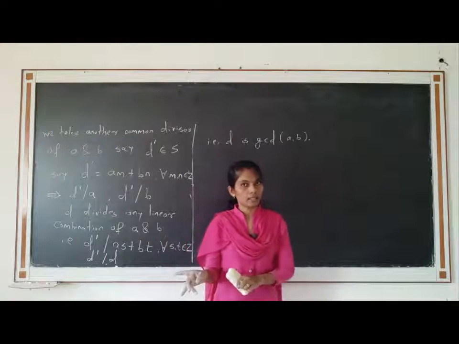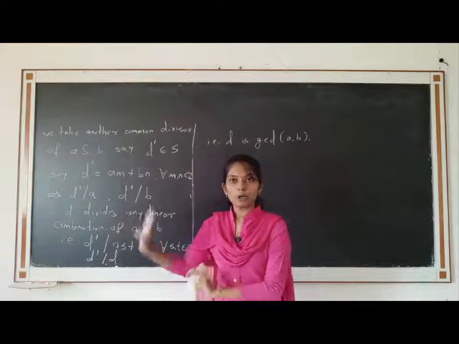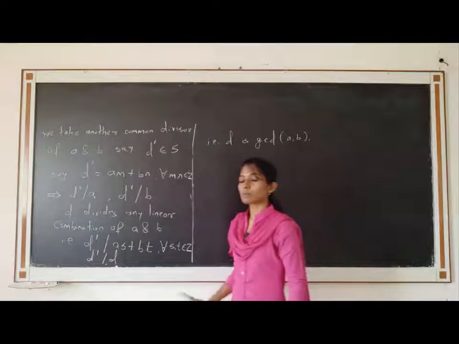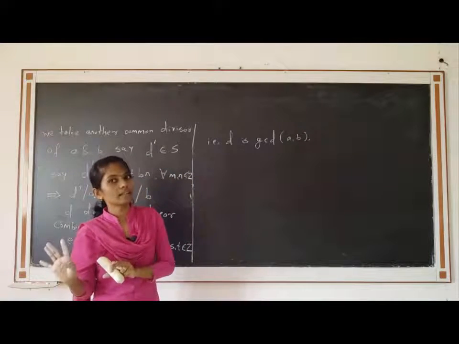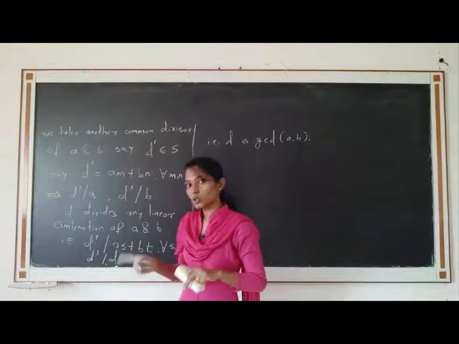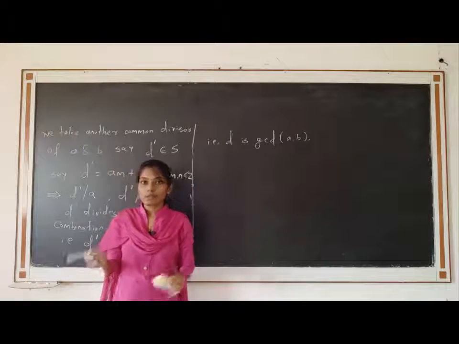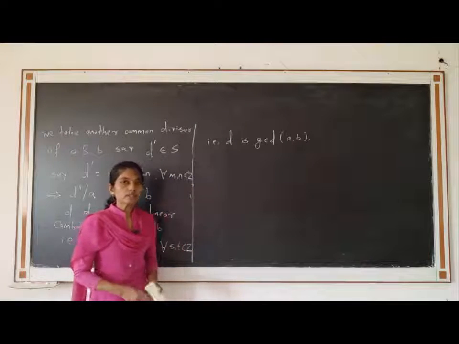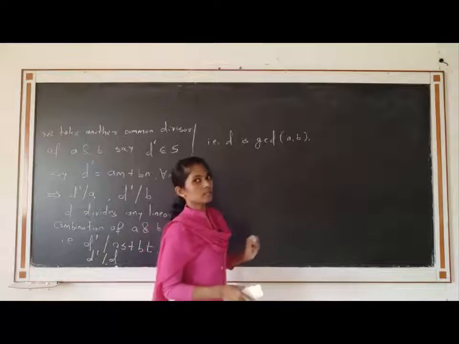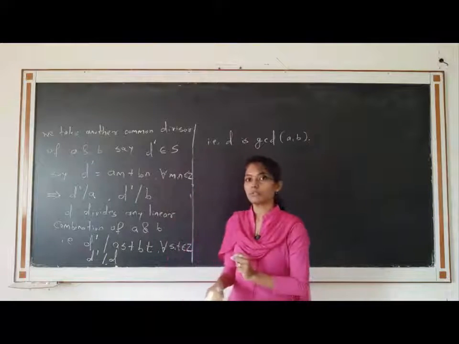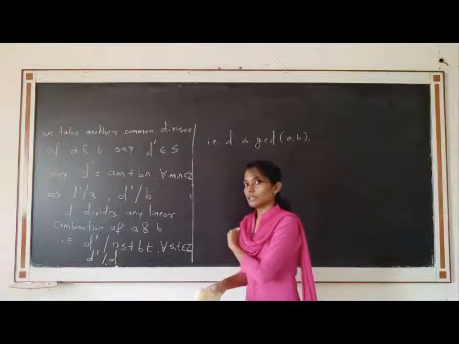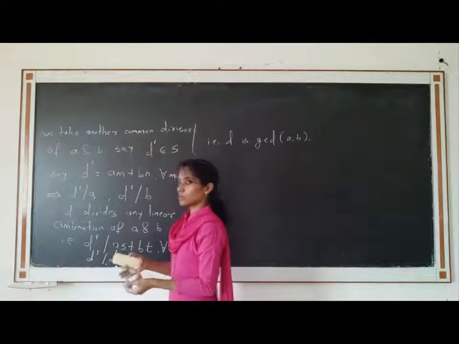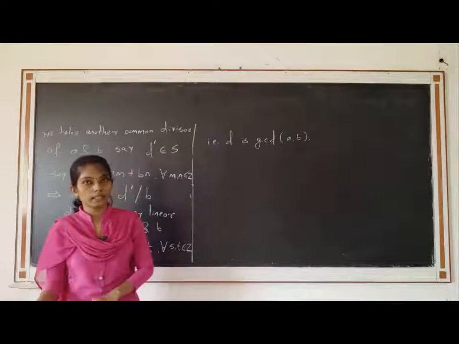So in short, first we assume the set S, whose elements are of the form AM plus BN, as M and N belong to the set of integers, subject to the condition that AM plus BN is strictly greater than 0. S is a non-empty set. So by using the well ordering principle, there exists a smallest positive integer in S. Say D is equal to AS plus BT.